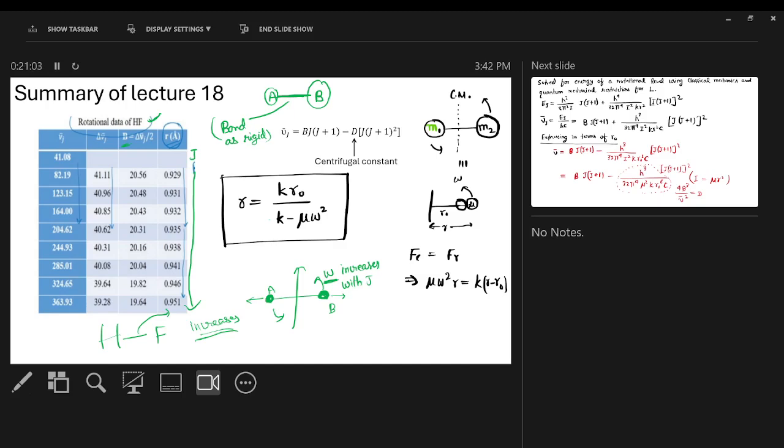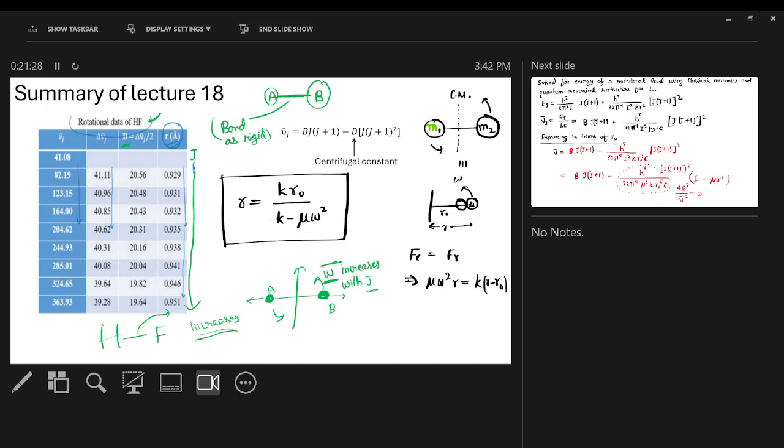Because of that, the bond length will not be the same. The bond length will not be fixed; it will keep changing. So as we increase J, the frequency will increase and the bond length will increase. And as the bond length increases, the centrifugal force is higher.